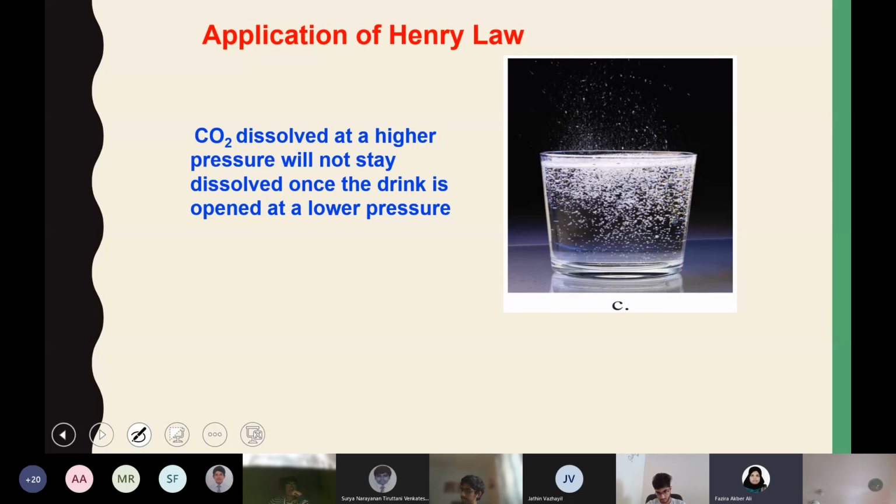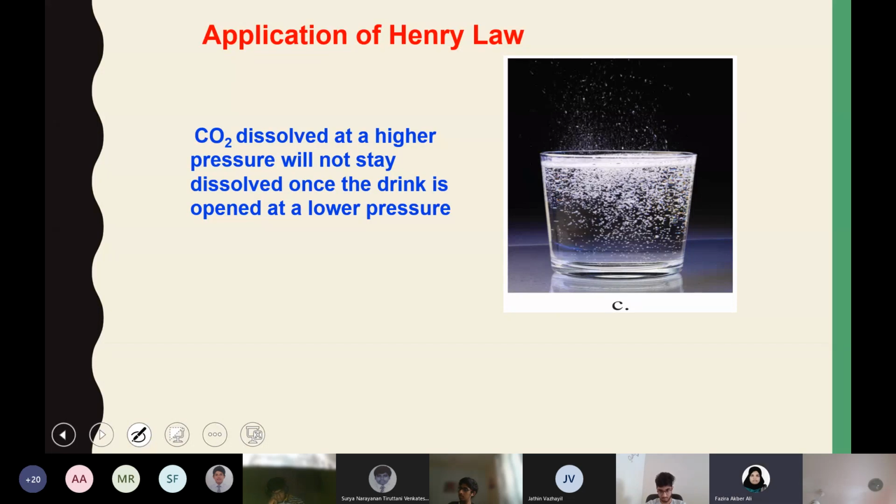But when you open the can at normal atmospheric pressure, the pressure is lower than when it was sealed. So at lower pressure, what happens to solubility? It decreases. That is the reason the dissolved gas starts moving out, and that is what you see as the formation of effervescence.